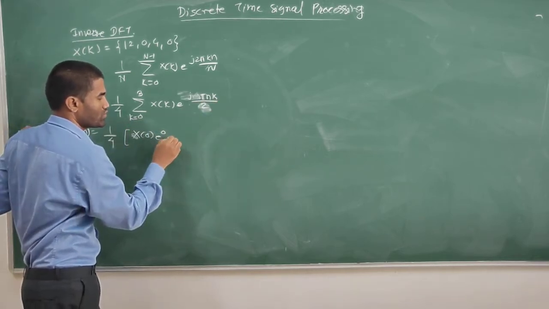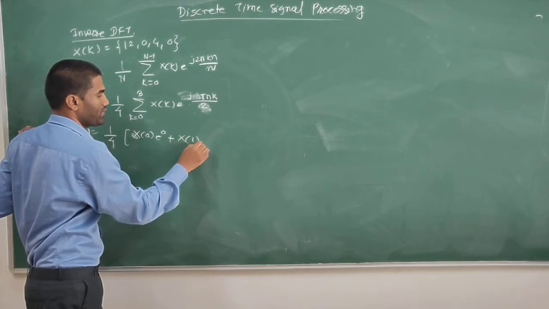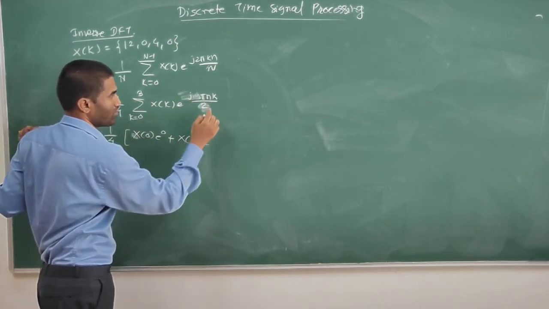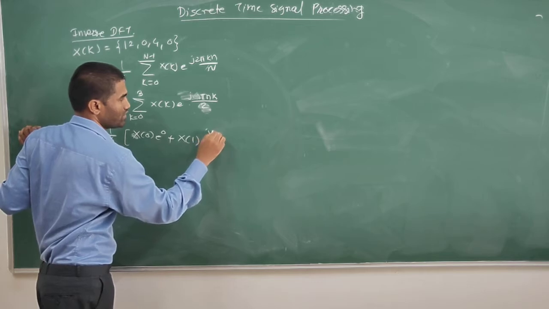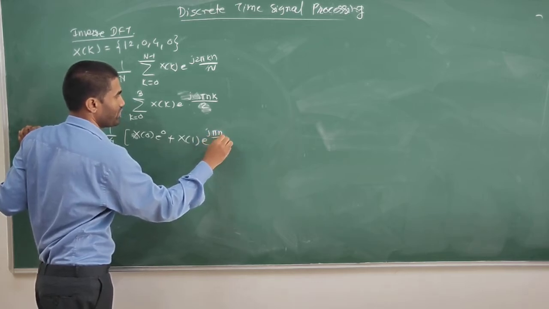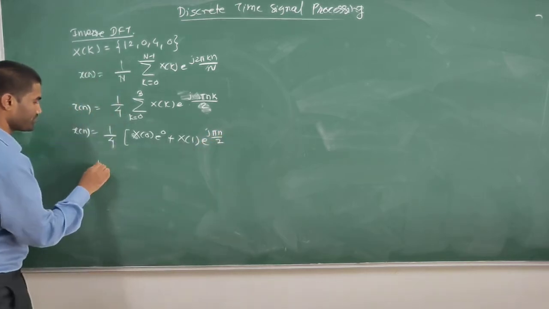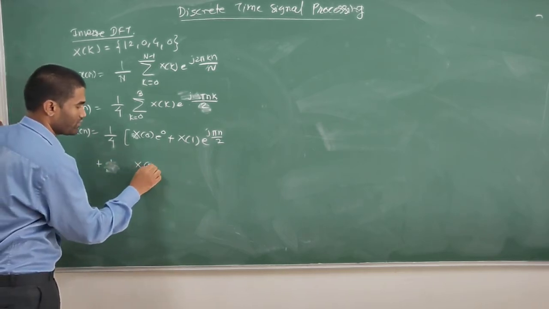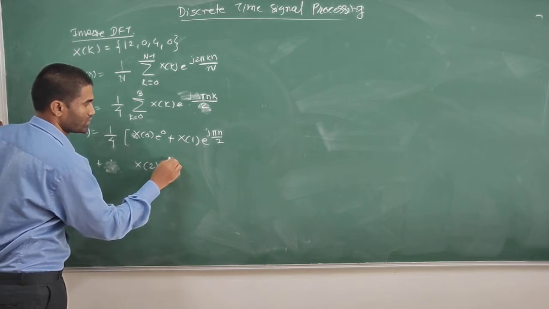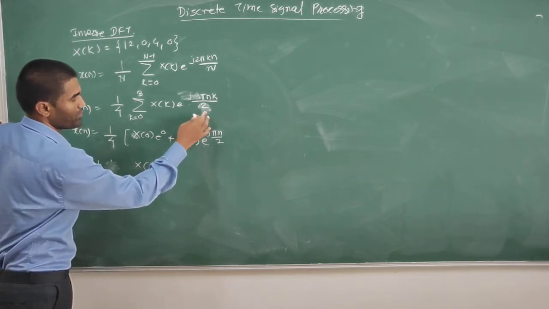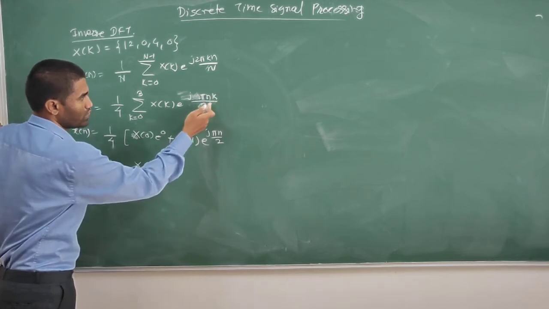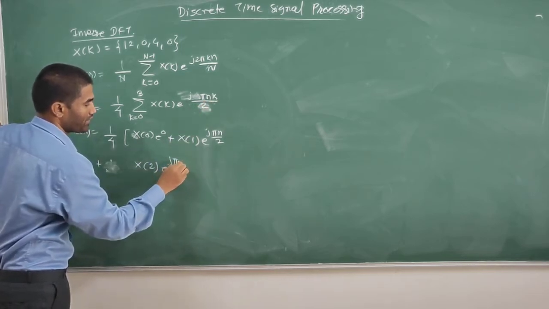So e raised to 0 plus x of 1 e raised to, if I am putting the value of k equal to 1, so what will happen? j pi n divided by 2, plus x of 2 e raised to j, now I am putting the value of k equal to 2, so 2 and 2 cancel, so pi n is there.